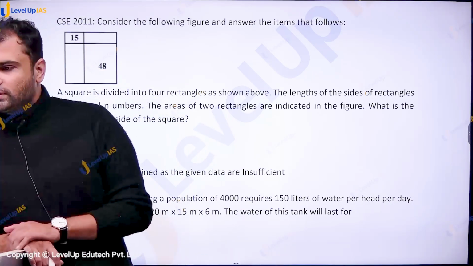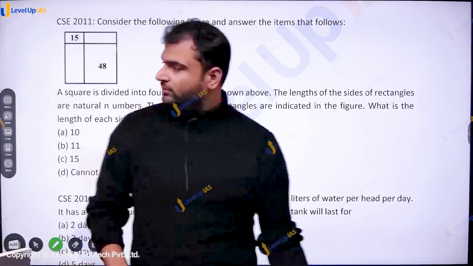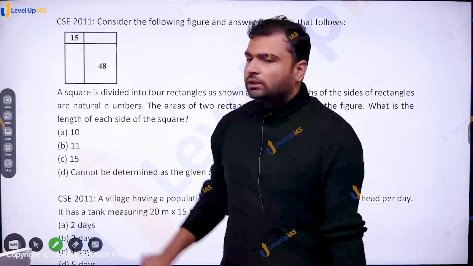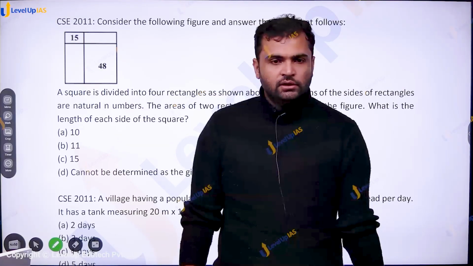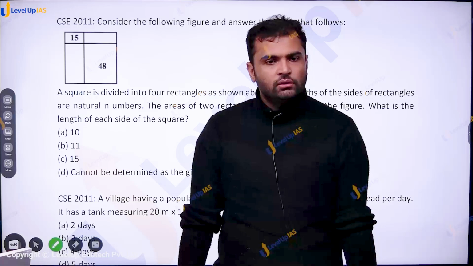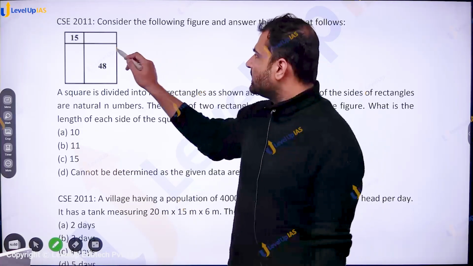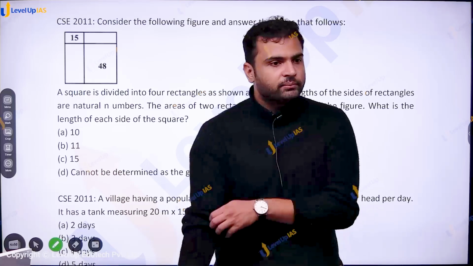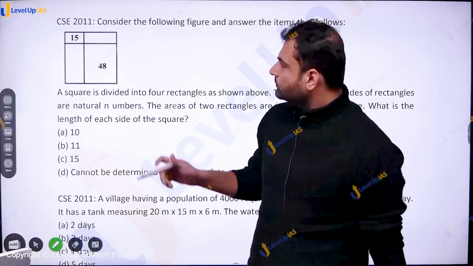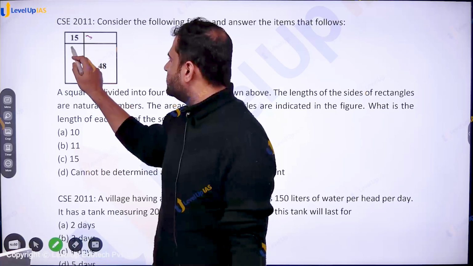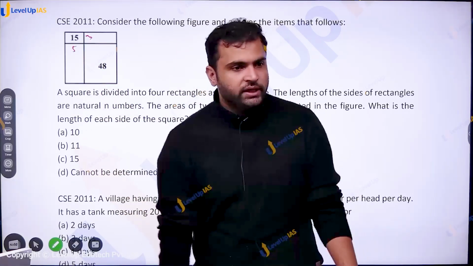Okay, Yashraj is getting a different answer than you guys. Let us see. See, the area of the smaller rectangle is 15. So its sides can be 5 into 3 or 1 into 15. That is all. If 5 and 3 are the sides, let us say this side is 3, this side is 5, that is one possibility.